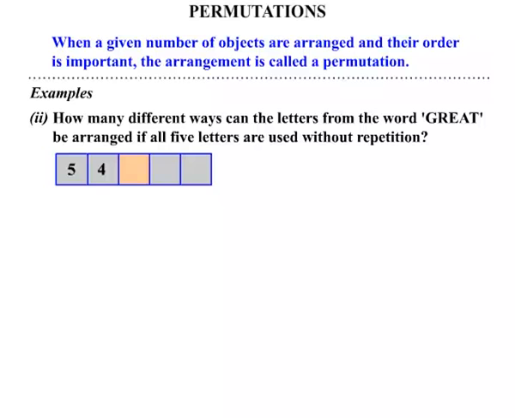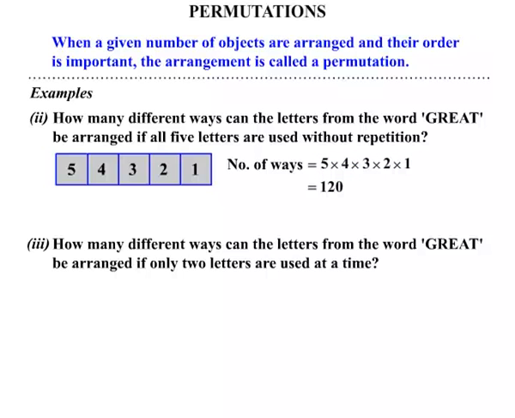The next position, we've used up 2 letters, so there's 3 left, and so on. It's going to go down to 2 there, and finally, we just have 1 letter to be chosen. So the number of ways there, we multiply the 5 by the 4 by the 3 by the 2 by the 1, and we do that. Okay, you can do it the long way, or you can use 5 factorial. Either way, we get 120.